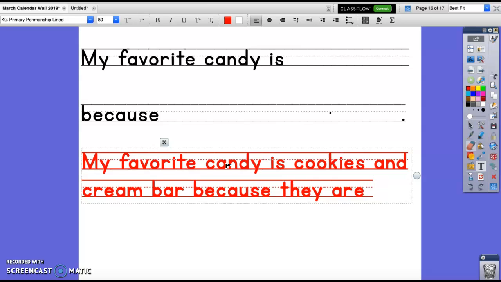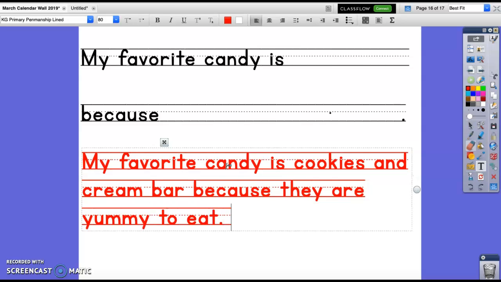No, I'm going to say because, why do I like a cookies and cream bar? Because they are yummy to eat. And then that's it.